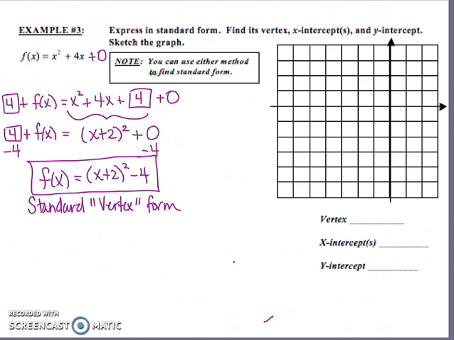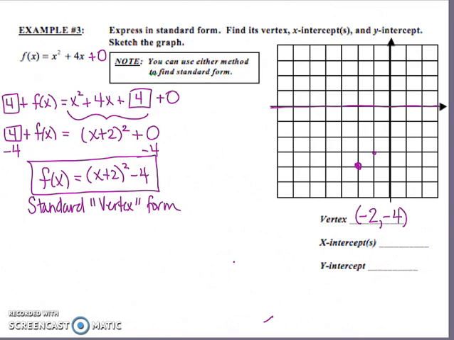So now we know that the vertex of our parabola is going to be at, remember h is opposite of what you see, so -2, -4. Once again, I need to darken up my x-axis a little bit. So if I go to my vertex, -2, -4, and again, my a value is 1, so I can just duplicate that y equals x squared parabola with this vertex.